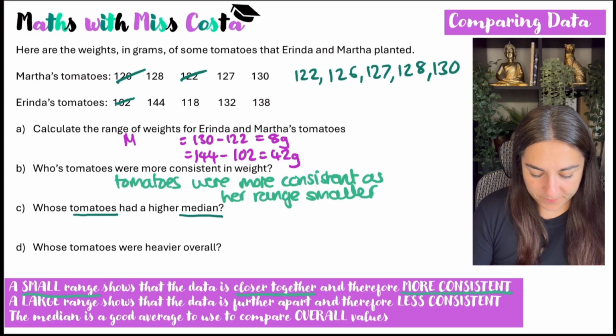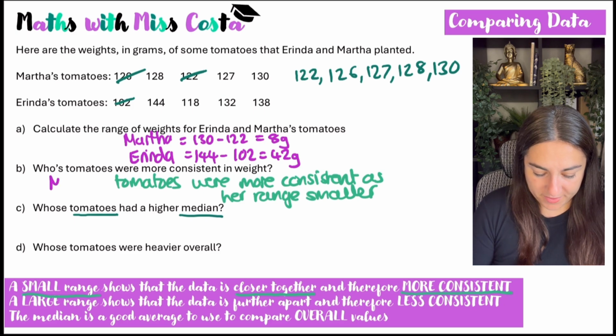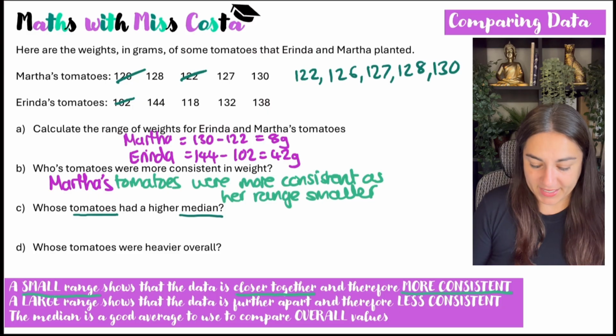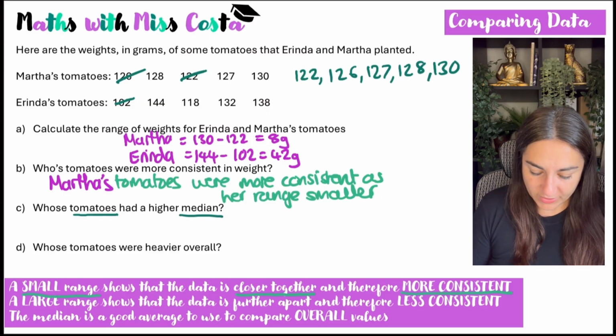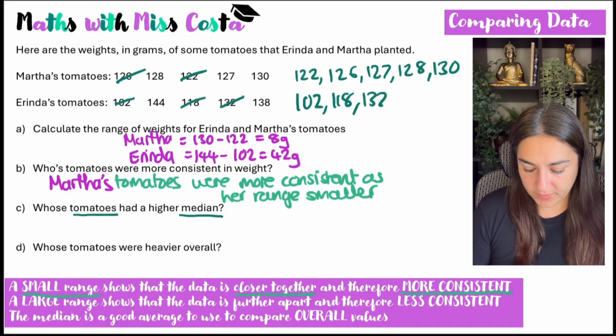So Martha and Irinda. So it's Martha's tomatoes are way more consistent because her range is smaller. Okay, sorry about that. So we've got 102, then we've got 118, then 132, 138, and 144.